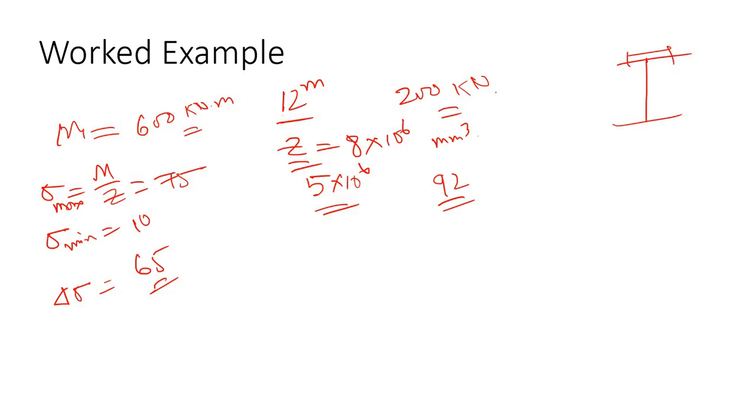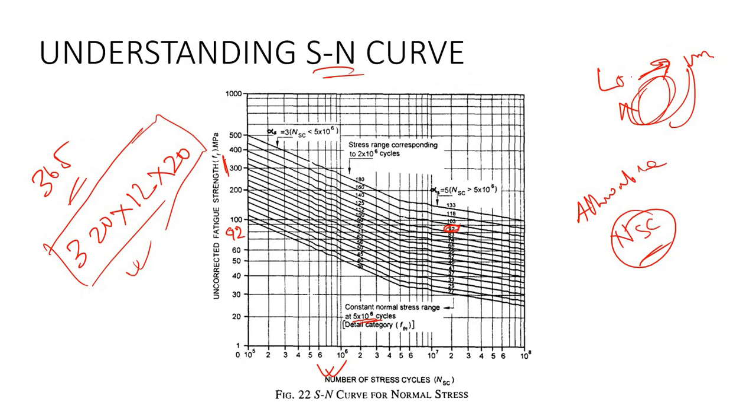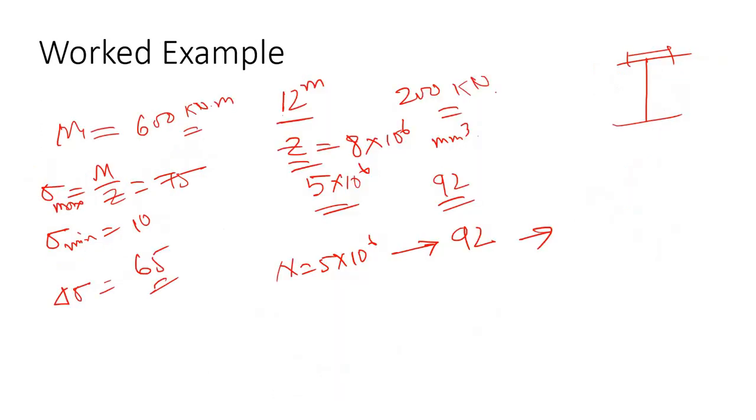Okay, and we have N as 5 into 10 to the power 6, and corresponding to the 92 detailing category, we had a value of Ff, right? It is coming as 92 also. This is also 92 MPa, and the code provides a formula, right? What is that?